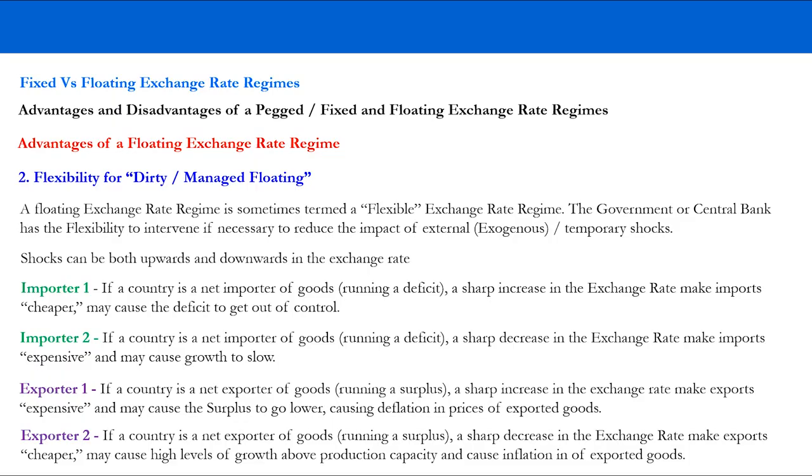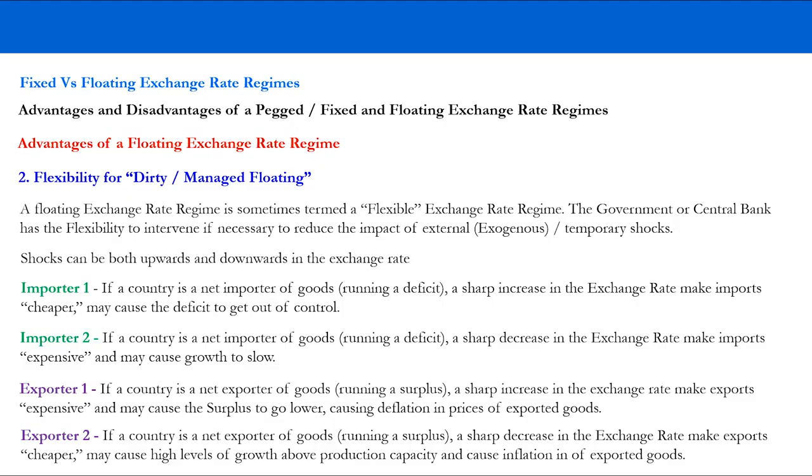So if you have a floating exchange rate, you have the flexibility to intervene whenever you want and not stick to a certain set of guidelines or rules as set out by the fixed regime. So a floating exchange rate is sometimes called a flexible exchange rate regime, whereby the government or central bank has that flexibility to intervene if necessary.